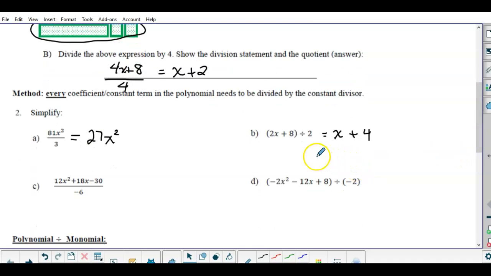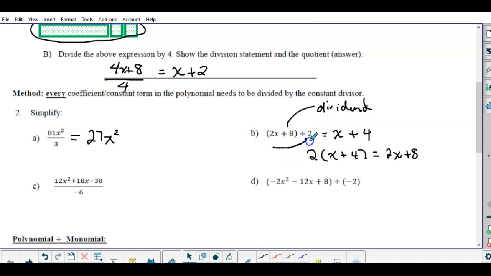How do you check your answer? You take your divisor 2, multiply it by your quotient, and you should get your original. This is called the dividend. Dividend.